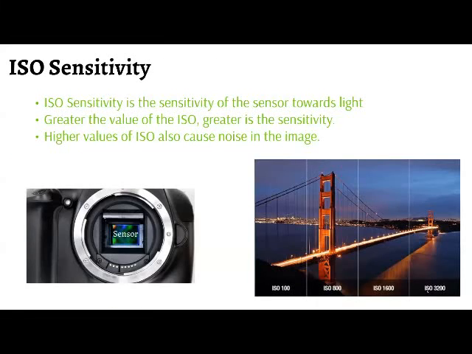Okay. So next up is ISO sensitivity, and this is the last thing we are going to discuss, and then next week we are going to discuss more. The problem with ISO sensitivity is that if I increase the value, you can see there is some noise in the picture.